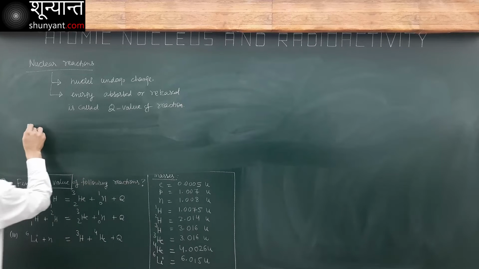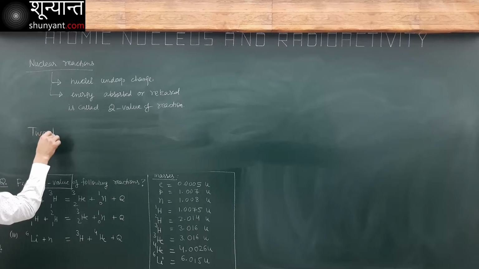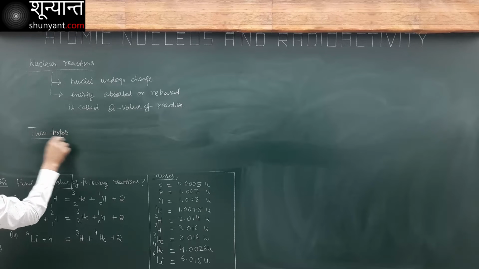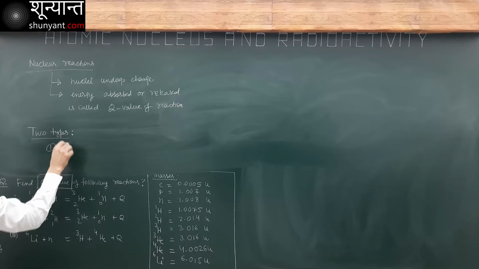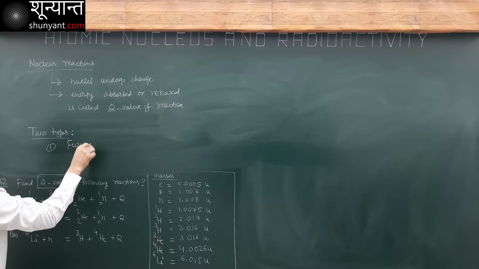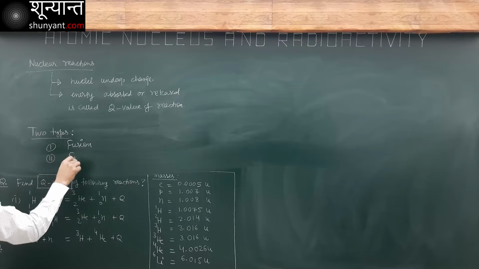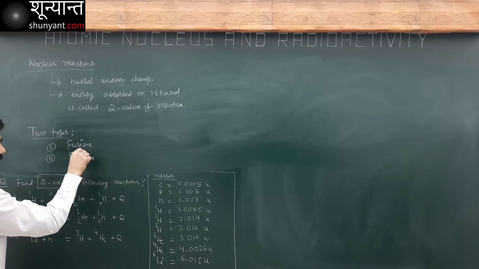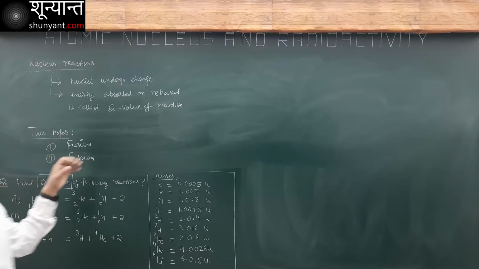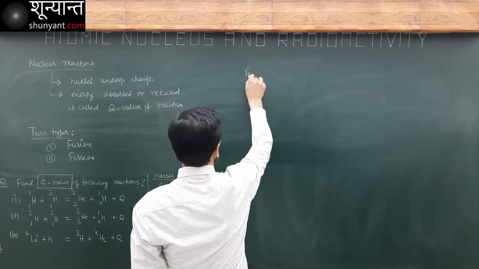Now we have two basic types of nuclear reactions. The first one is known as fusion, and the second one is known as fission. Now, what is the meaning of fusion?